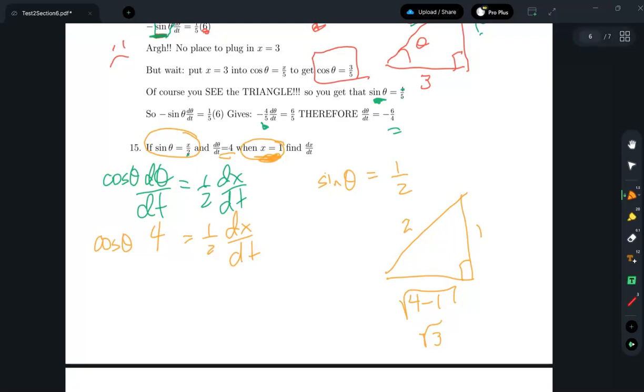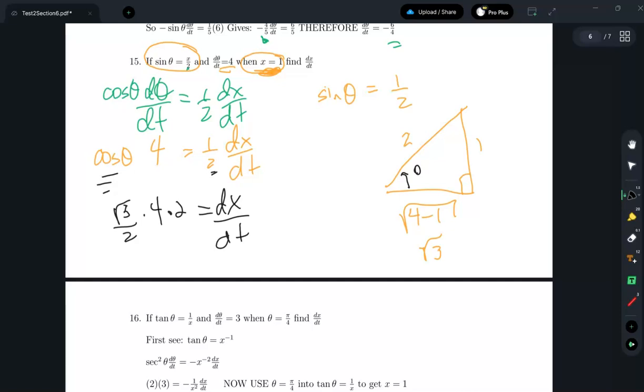So now I can find, this is the angle, right? I can find cosine of the angle, which is root 3 over 2. And then that carries along, and then I'll just multiply. I'll just take liberties and multiply by that 2 right now. So I end up getting that dx over dt is 4 root 3.